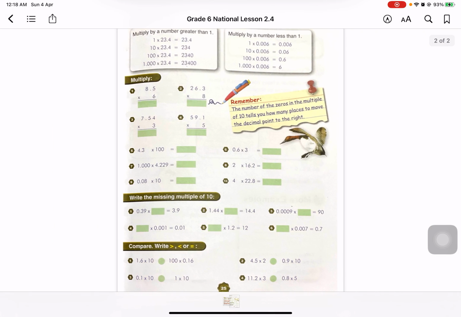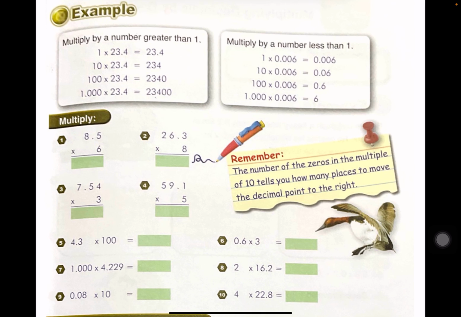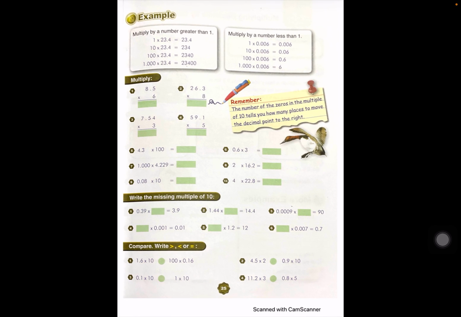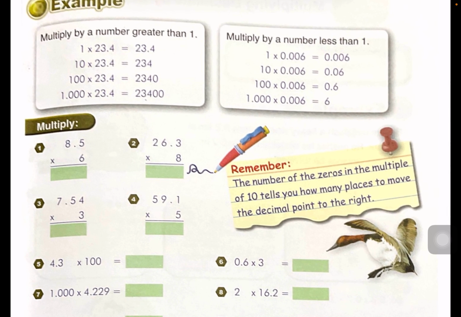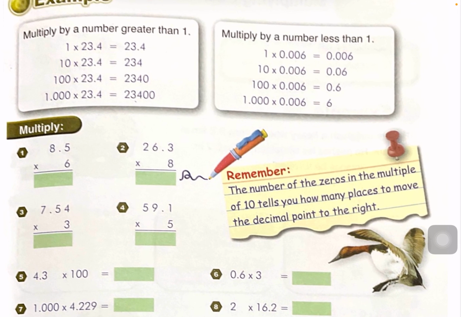Now here. They said multiply by a number greater than 1, multiply by a number that is less than 1. If you are multiplying by 1, for example, your number will stay the same. 23.4, it will stay 23.4. If you multiply it by 10, that means your number should become bigger 10 times.